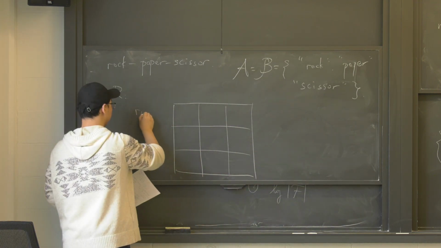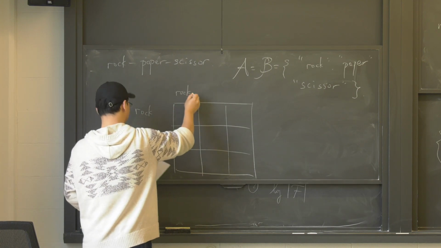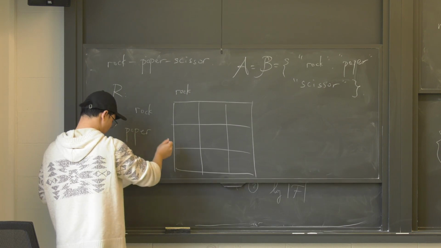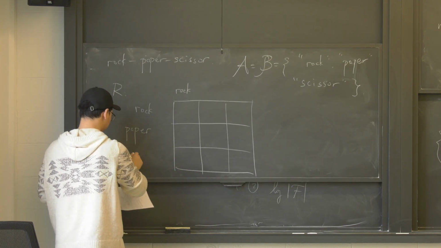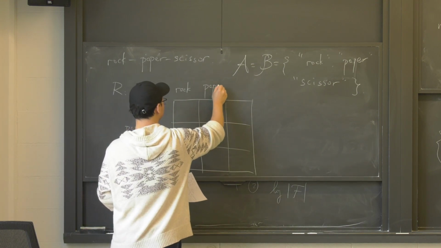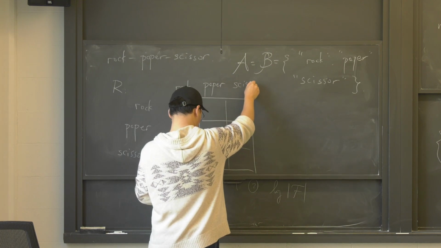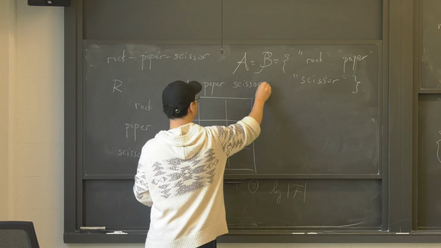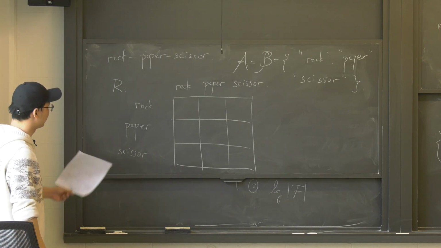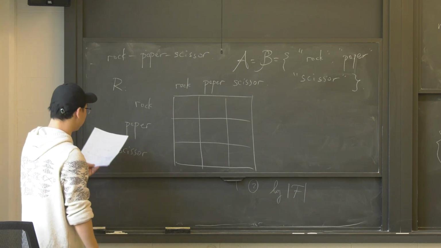For example, the first action is rock, the second action is paper, the third action is scissors. Then we just write down the utility. Let's say the row player is the max player, so we write down the utility for the row player.